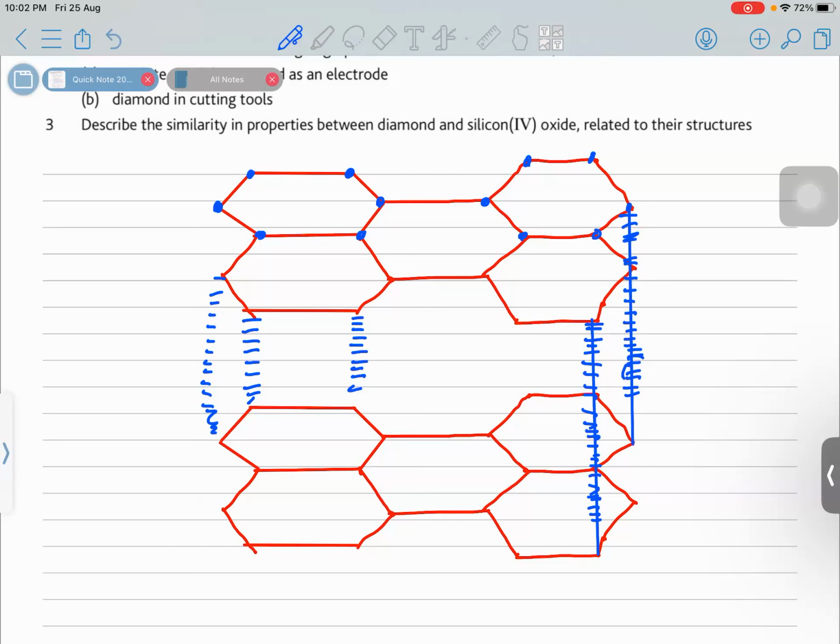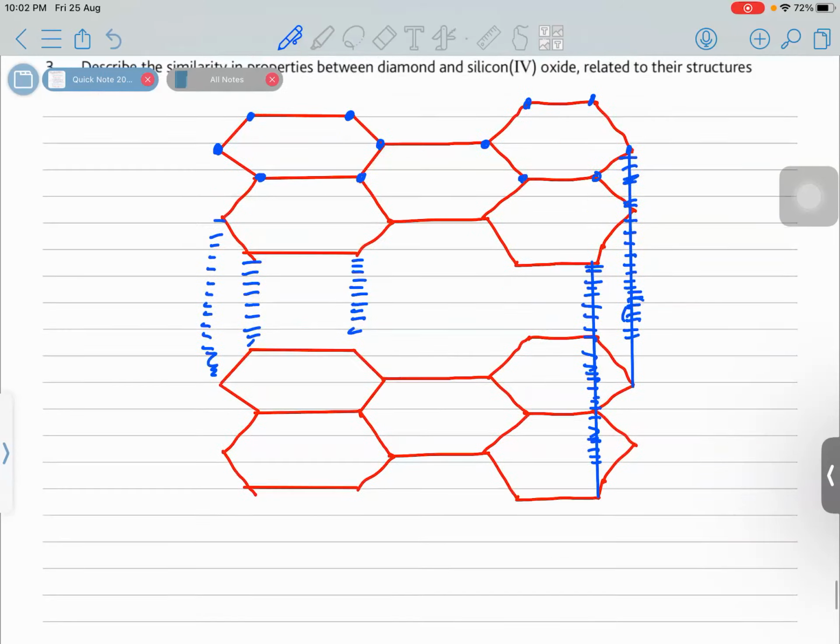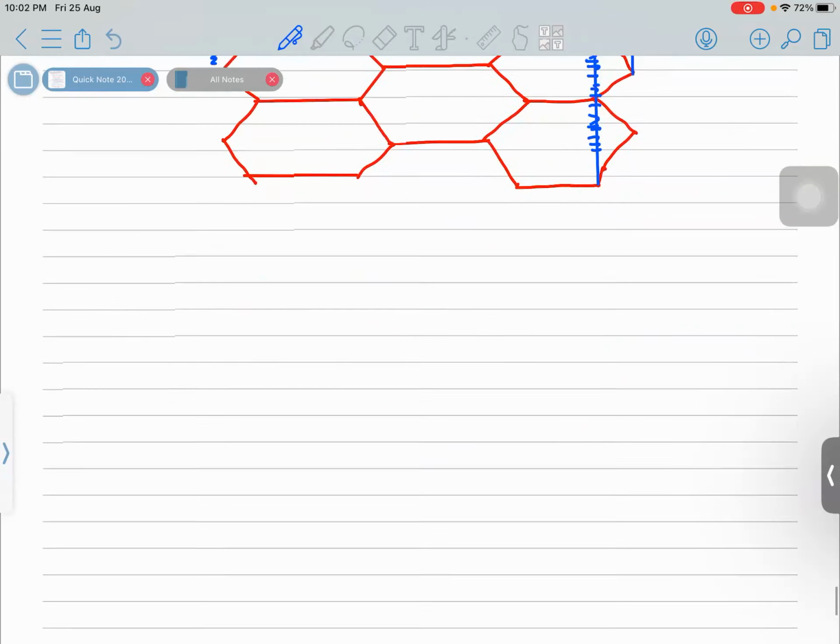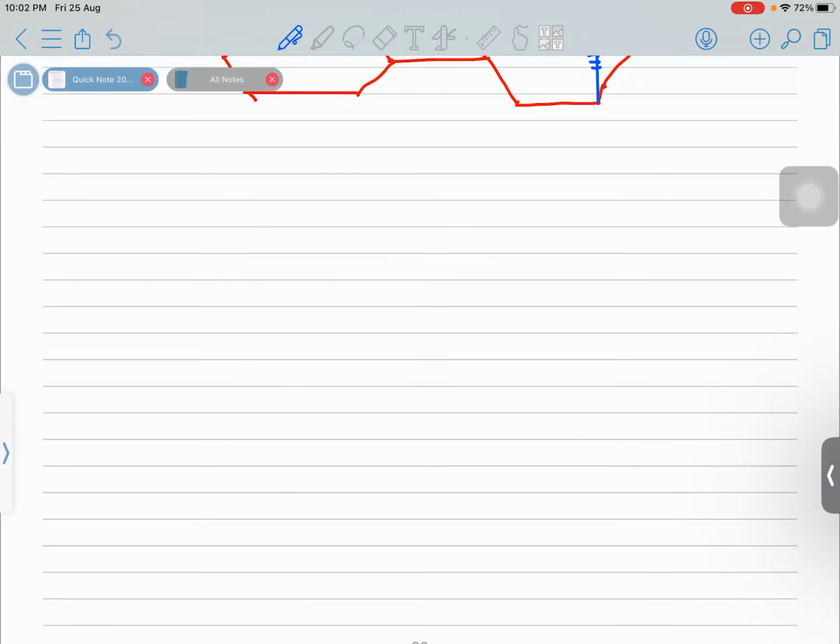So this is graphite, and diamond and silicon dioxide both have nearly the same structure. This is the normal structure of graphite. Sorry, diamond.